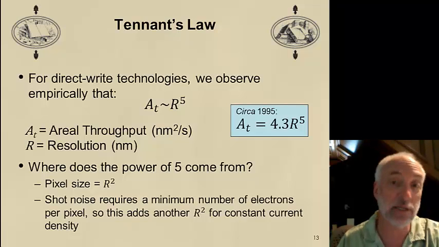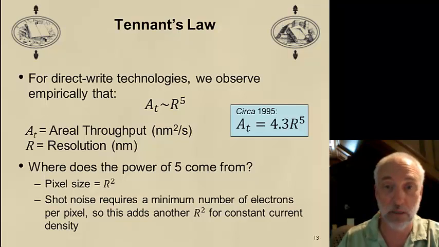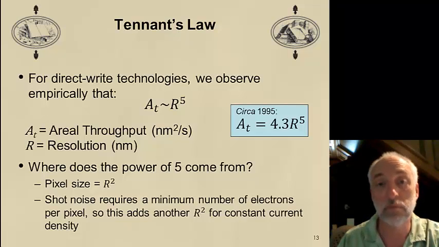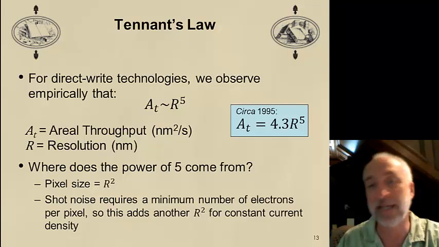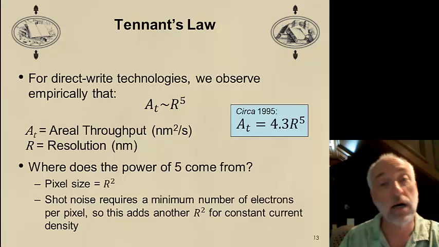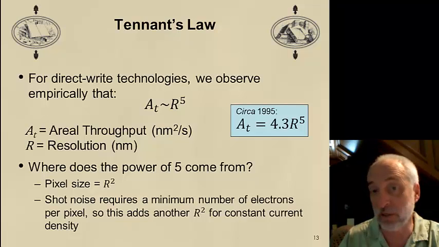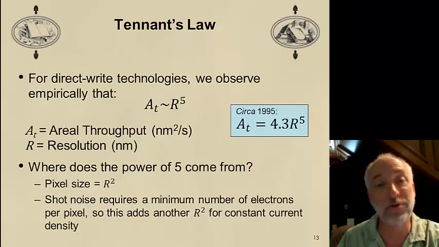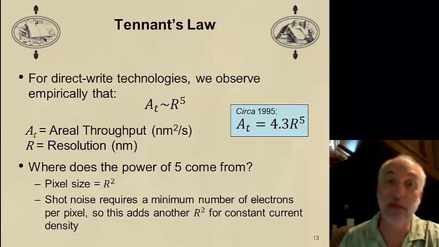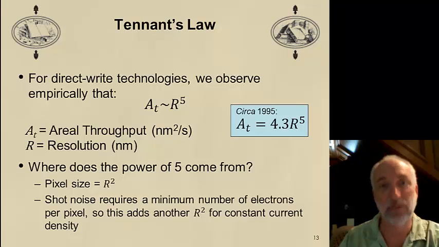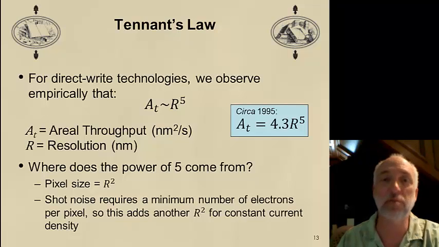Well, according to Tennant's law, if I can cut the resolution in half, go from, say, 20 nanometer resolution down to 10 nanometer resolution, that factor of 2 improvement in resolution results in a factor of 32 reduction in throughput. That is some ugly scaling. Nobody likes that kind of scaling. And this is the big challenge for e-beam lithography.